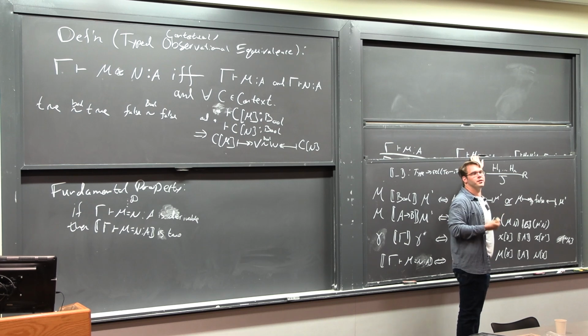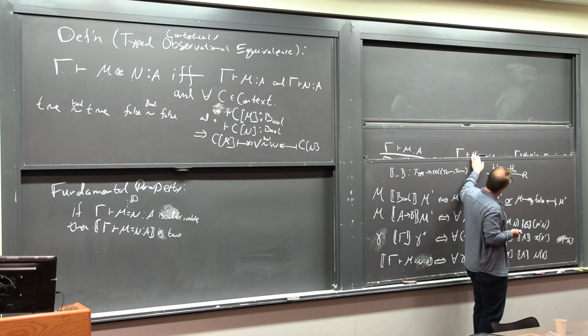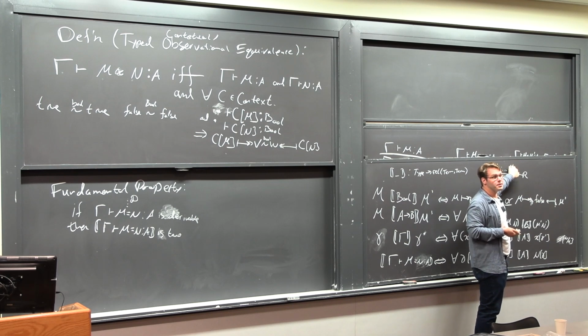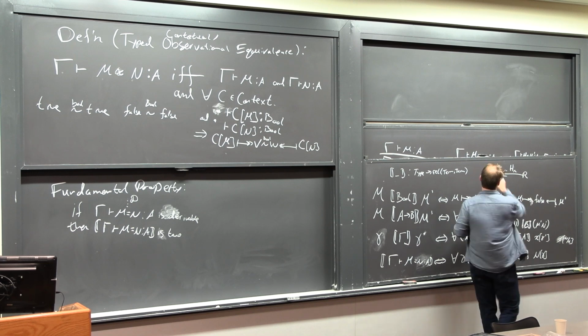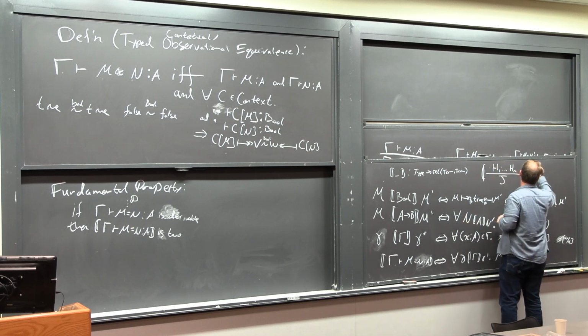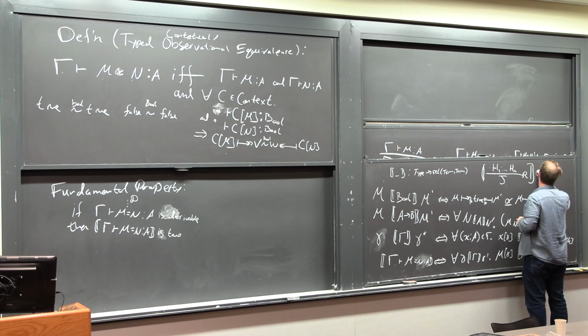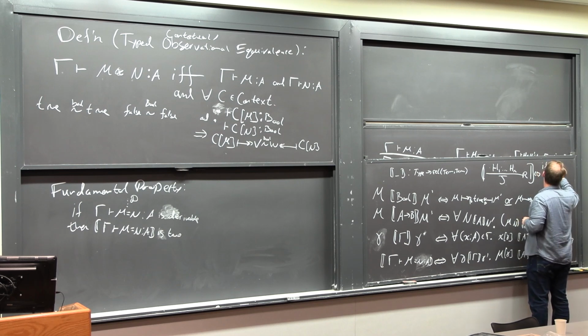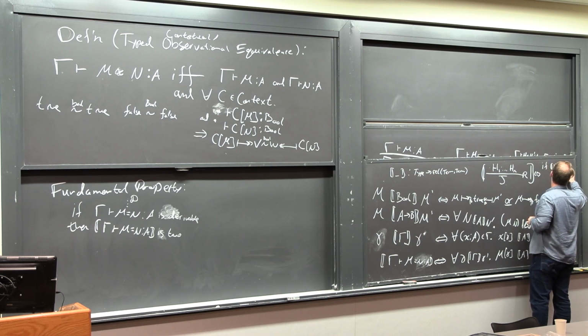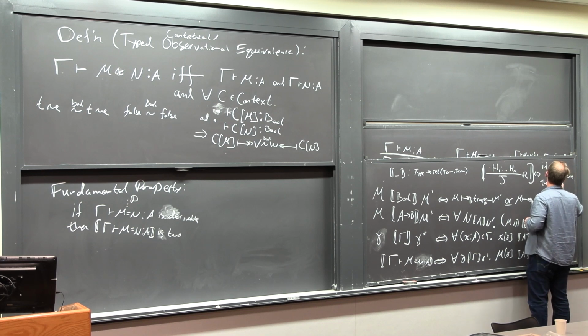So what is the logical interpretation of this? Well, if the meaning of all of my hypotheses are true, those are propositions, then my conclusion must be true. So I can interpret this judgment semantically as saying if H1 and Hn are true, then the meaning of J is true.